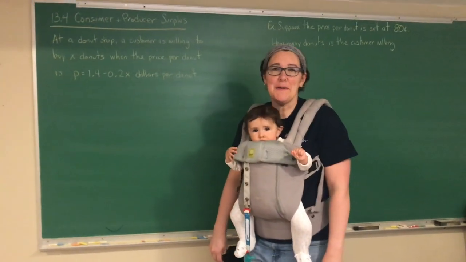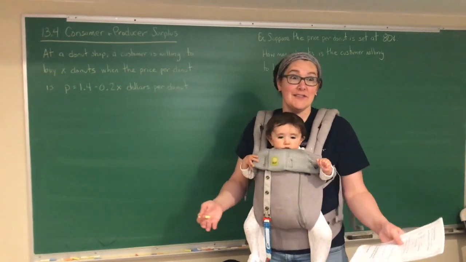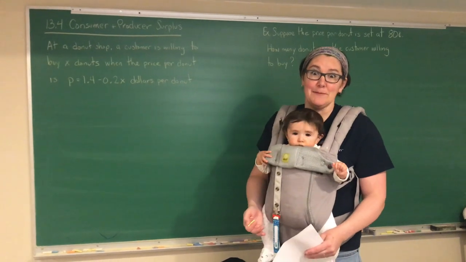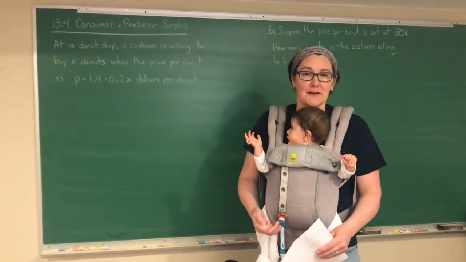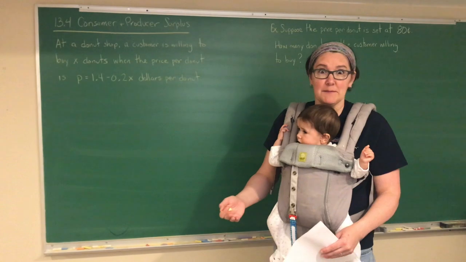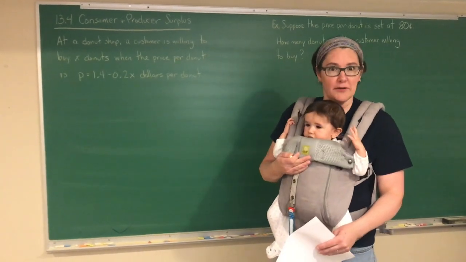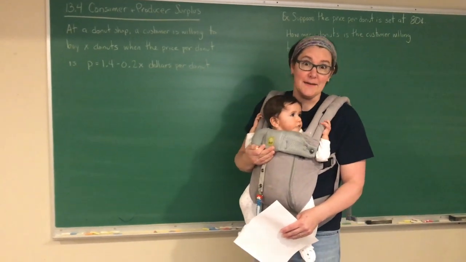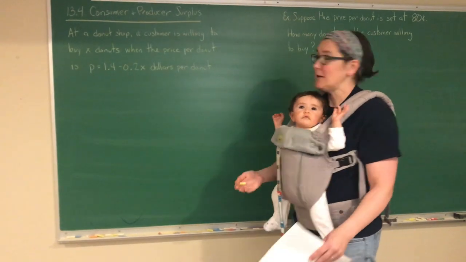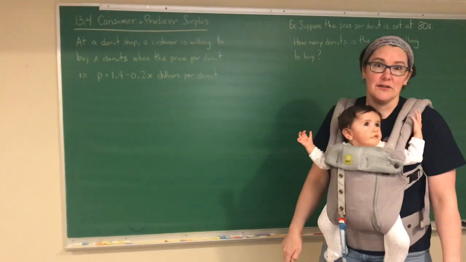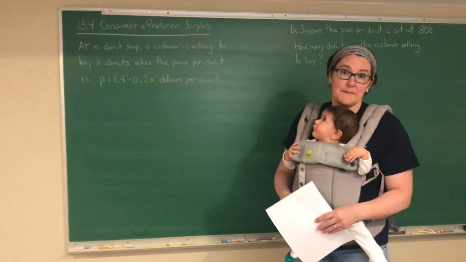Hi, welcome back. So we just saw the D Cube Donut Shop, and we saw the donut shop from the perspective of the customer and also from the perspective of the donut maker, who is also here joining us for the rest of class today. So today we're going to be talking about section 13.4, which is consumer and producer surplus.